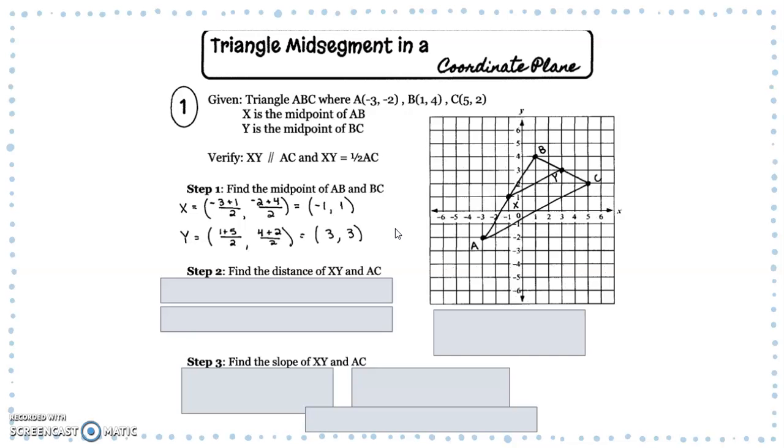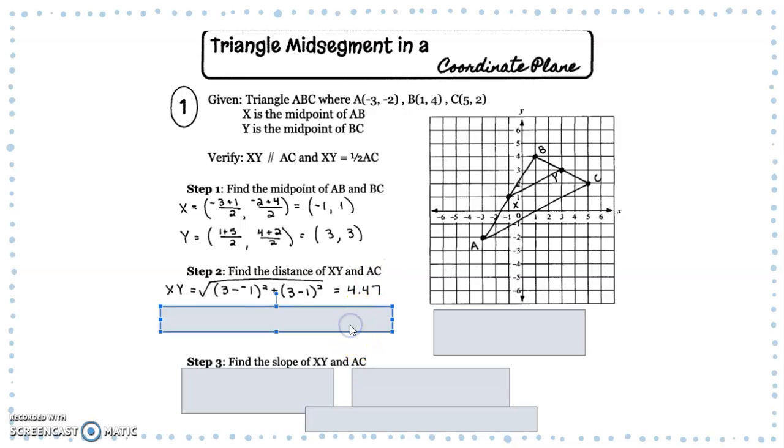Once we find those midpoints, we can find the distance. So the distance is what's going to help us decide if XY is half of AC. Finding our distance, we're using that distance formula. So remember x2 minus x1 squared plus y2 minus y1 squared, and then you take the square root of that entire thing. So I'm going to do it for XY first because that's going to be my midsegment.